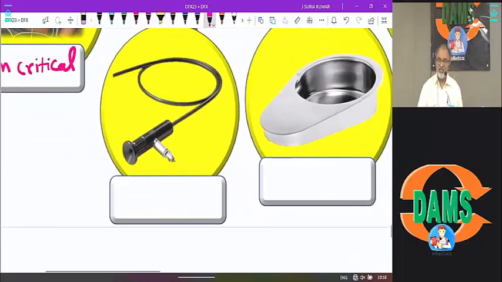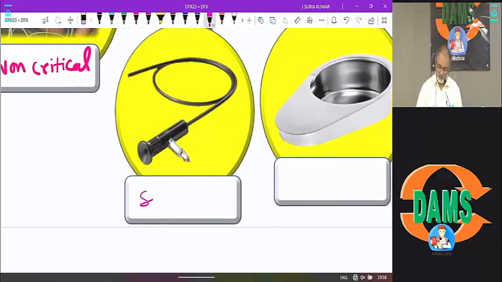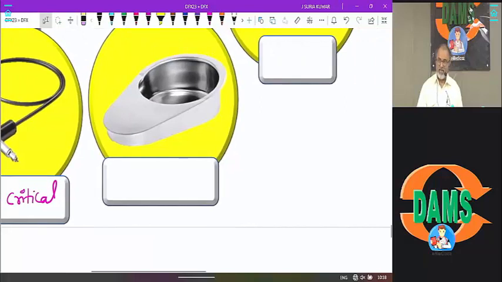What is it? Flexible endoscope comes under semi-critical. Bedpan, reusable bedpan comes under semi-critical. Disposable bedpan comes under non-critical. It is the reusable. See, it's made up of silver.